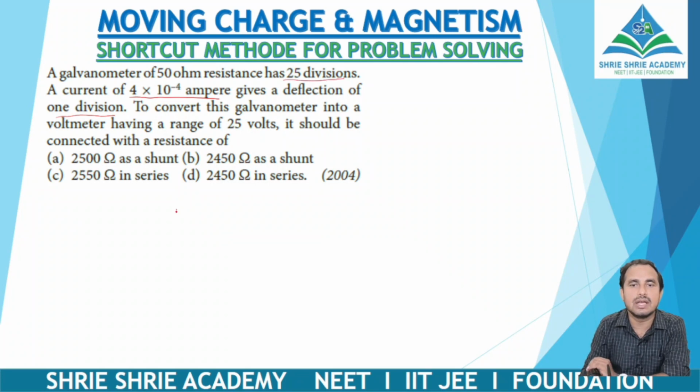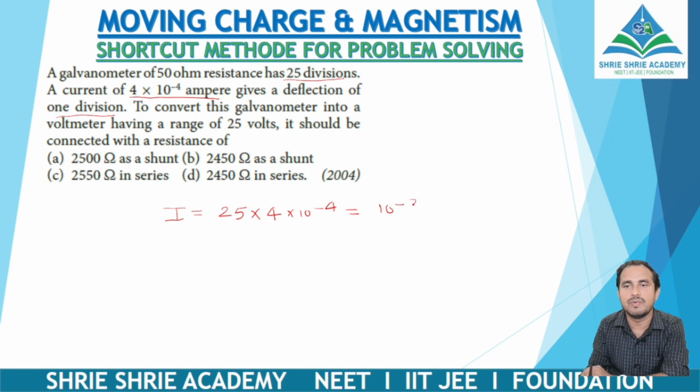So the total current we can find out here. 1 division gives 4 into 10 to the power minus 4 ampere. Total 25 divisions means total current is 25 into 4 into 10 to the power minus 4, that is 100 into 10 to the power minus 4, which gives 10 to the power minus 2 ampere total current.